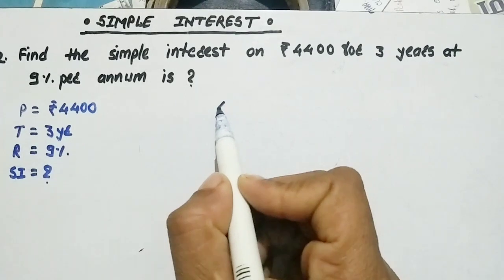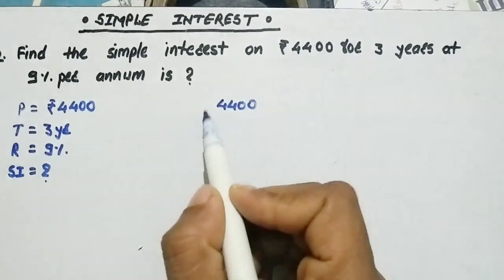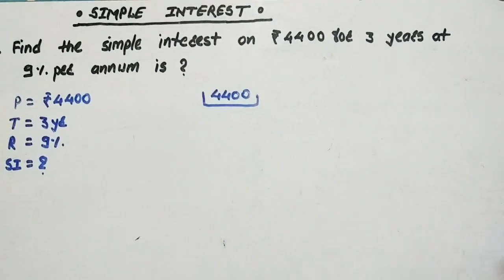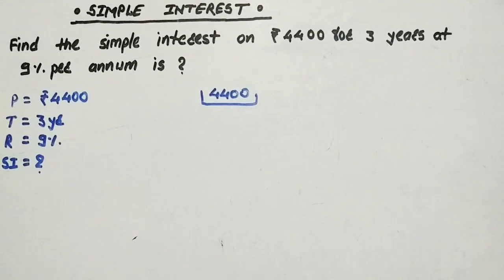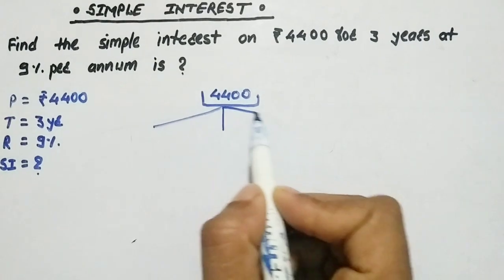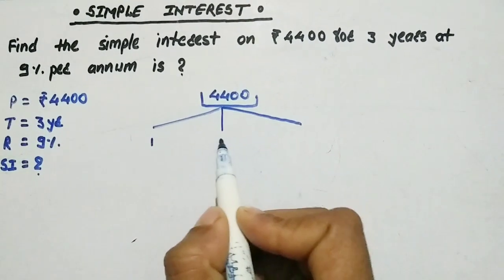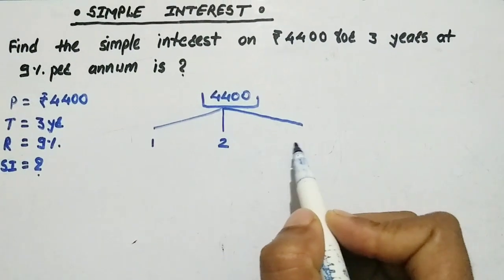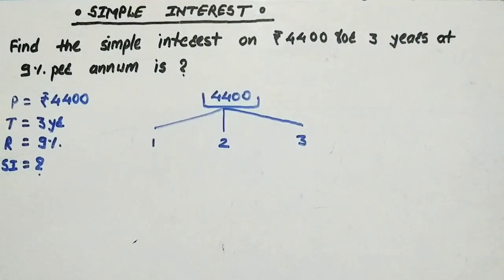So principal, that is 4400, and for how many years? That is 3 years. So 1, 2, 3, that is the first year, the second year, and the third year, right?